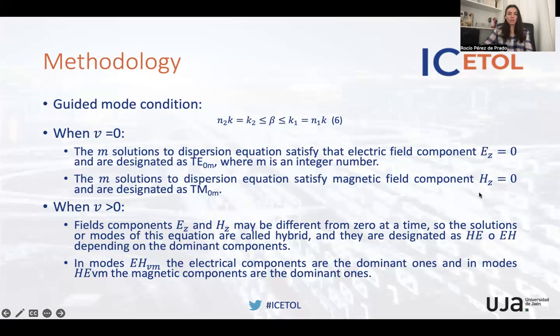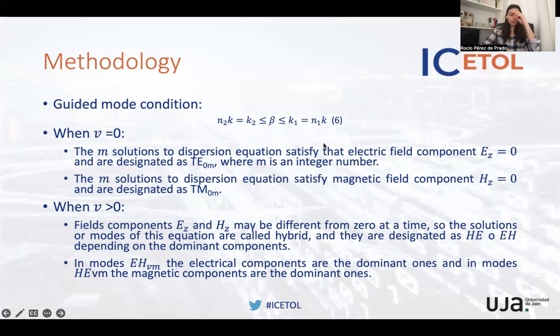In this case, the electric field component in the longitudinal axis will be 0, and the magnetic field component in the longitudinal axis will be 0. On the other hand, when we have B greater than 0, we're working with EH or HE modes. So we can divide the problem, considering there are different types of modes, and it's going to give us a simplification that we'll see in a few seconds.